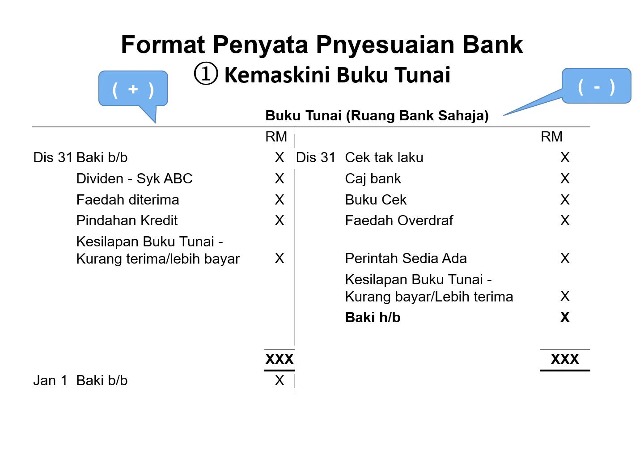For example, the dividend: you buy shares and the share company pays you the dividend. The bank interest, faedah diterima, and also the pindahan credit, somebody transfers funds to you, making a payment to you, and you have to update your cash flow as a debit entry.